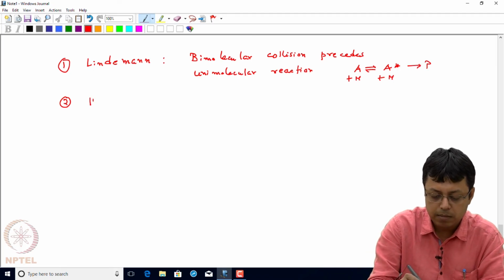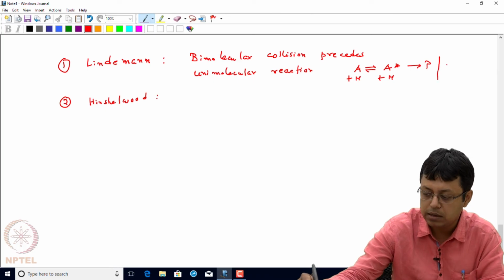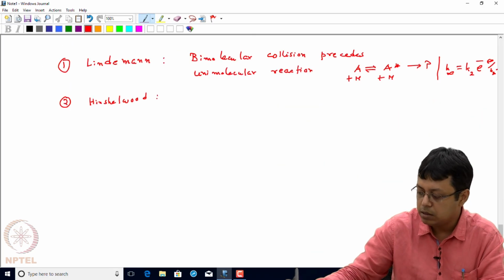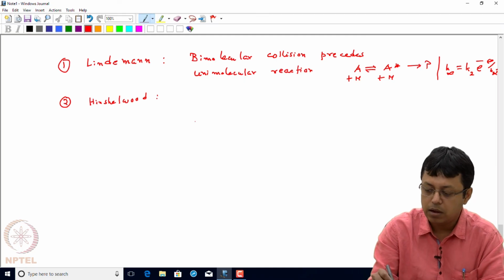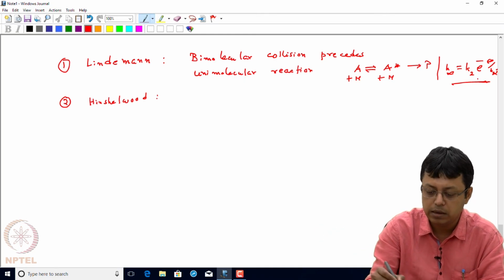And then came Hinshelwood, and he said that from here you can get k infinity equal to k2 times e to the power minus E star by kBT. Hinshelwood then said that this probability is only the collisional part, but the internal degrees of freedom also have to be activated, otherwise the bond will not break.